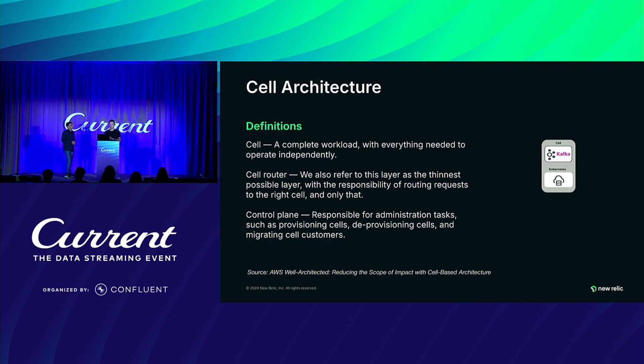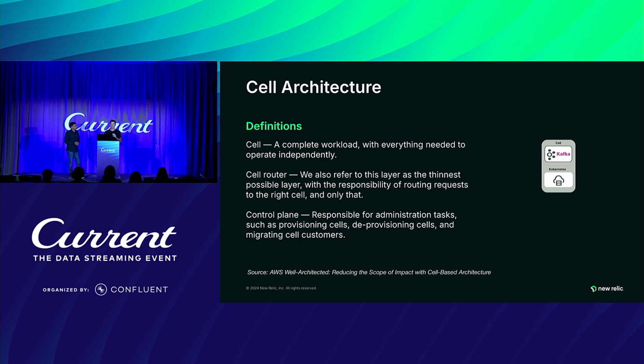Now, having multiple cells is how we can scale, but that also forces us to have another component to decide how we send the traffic from our customers, the data from our customers, into the cells themselves. And that is the cell router.